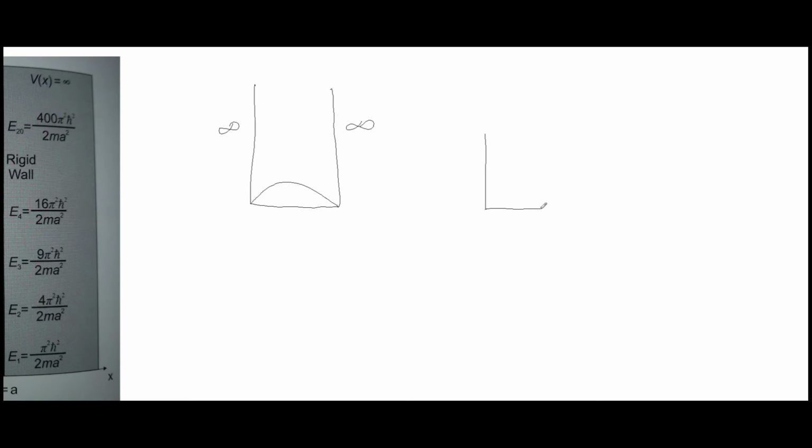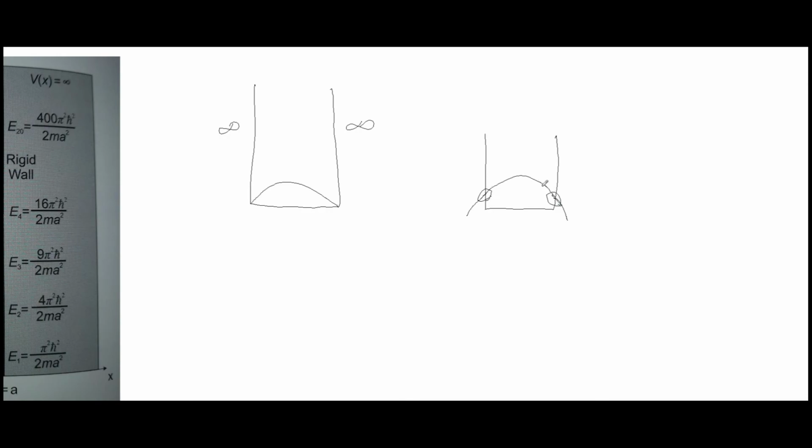Whereas if it's finite, then we can have it be not 0 at the edges, and we can actually have it go outside of the rectangular well. And so we will see in the next few videos that the main thing is worrying about these boundary conditions, because these have to be continuous here.